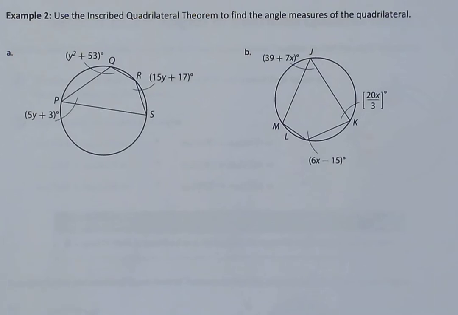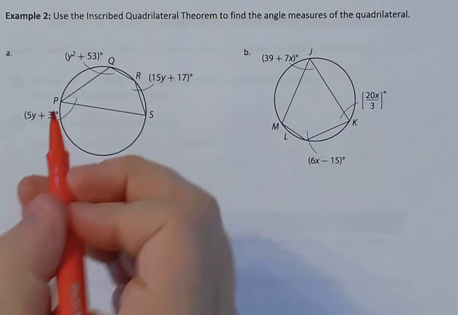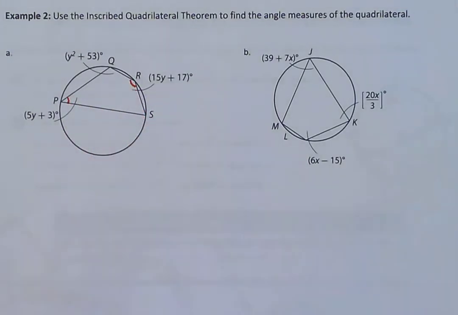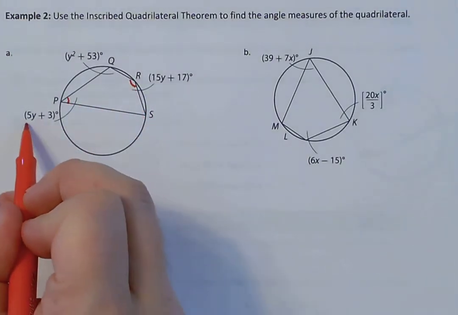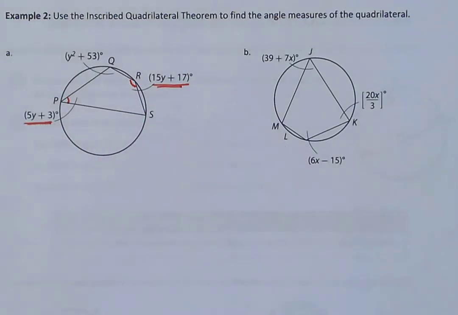Well, they give us 3 different angles. We need to choose the 2 that are opposite of each other. The 3 that we know are P, Q, and R. The 2 that are opposite of each other are angles P and R. So that means we want to use this 5y plus 3 and this 15y plus 17.